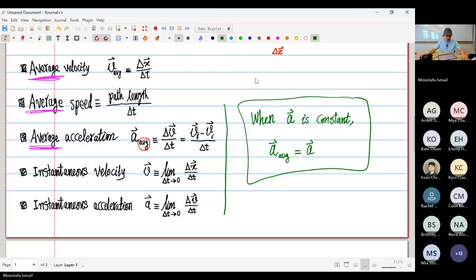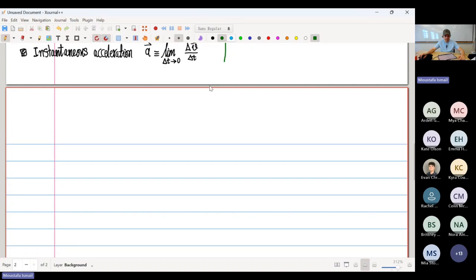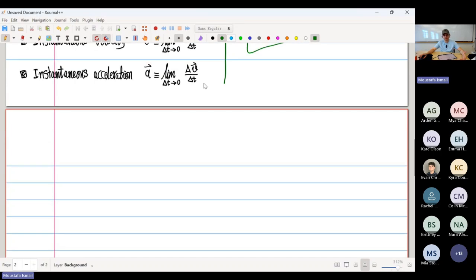Good. One important conceptual point before moving on is, what does it mean to accelerate and what does it mean to decelerate? Because in English, when we say acceleration, we usually have in mind speeding up. But that's not accurate. You can have acceleration that slows you down, and you can have acceleration that speeds you up.